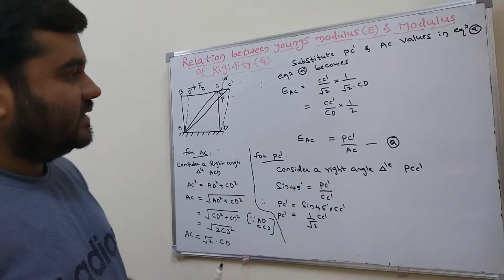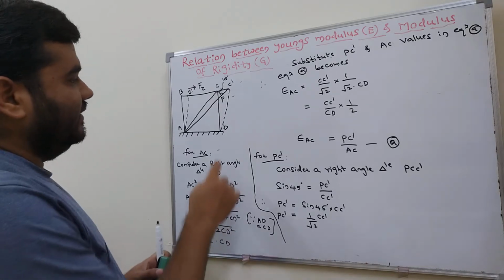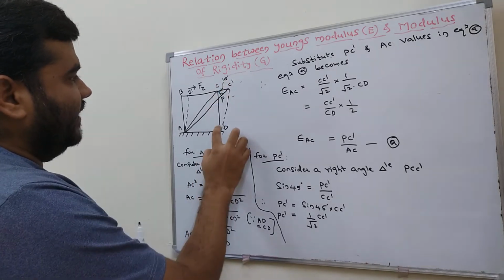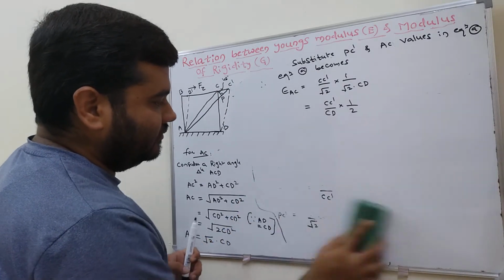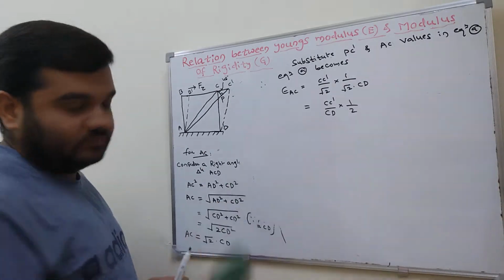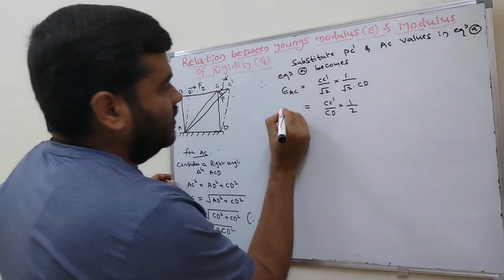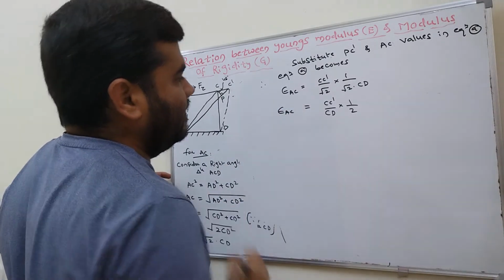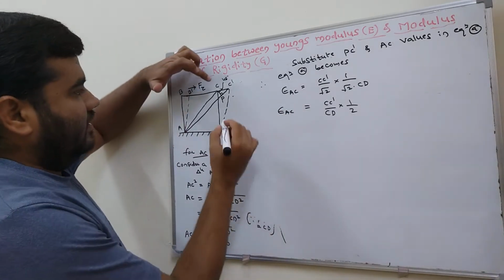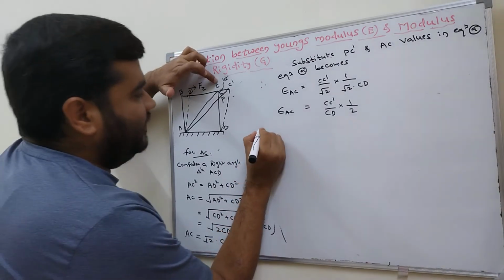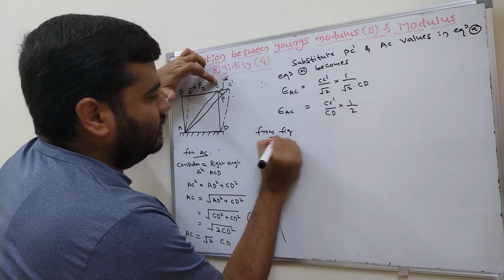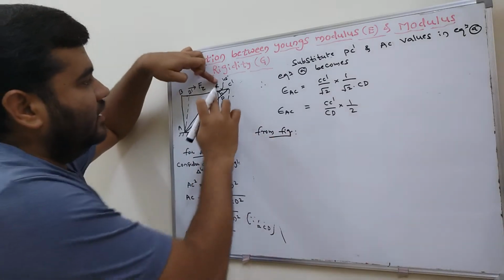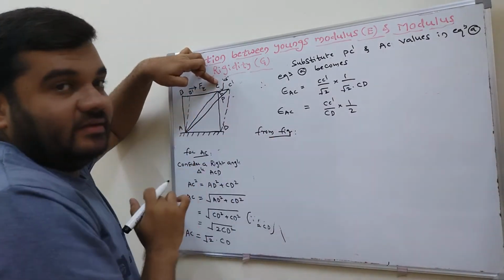Now CC dash divided by CD, from figure, we'll check. Strain of AC, from figure, CC dash divided by CD.